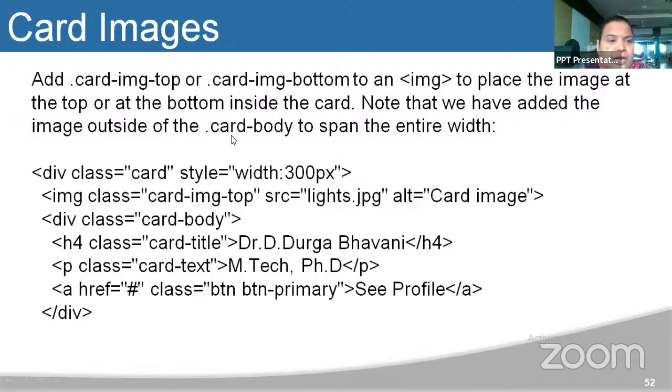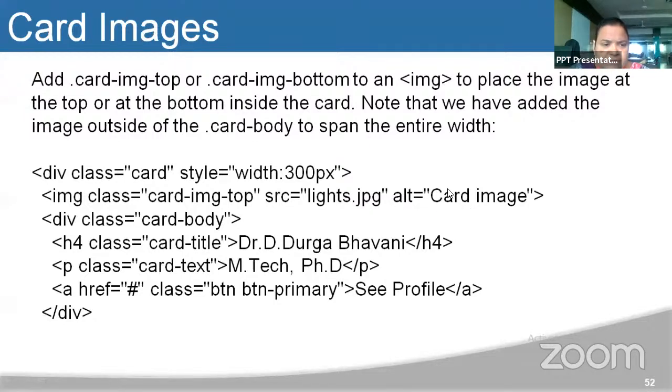Place the image at the top or bottom inside the card. Note that we have added the image outside of the card body. Here the class, you already know, is card. Leave this one, and then the image class is equal to card-img-top. See the class name here: card-img-top, the image file, and then this is the alternative message.